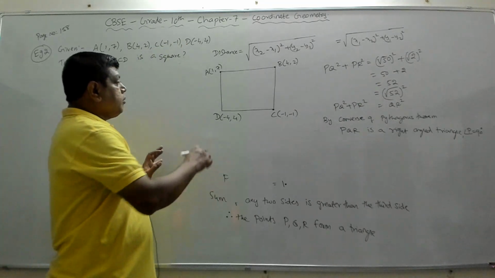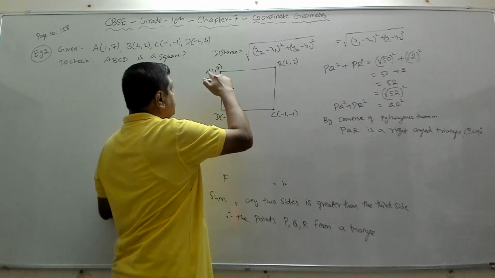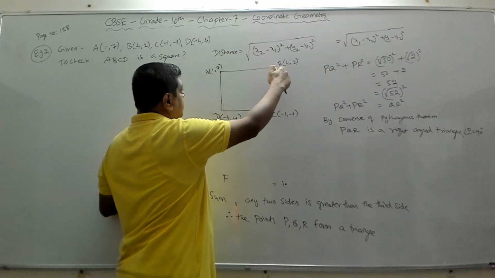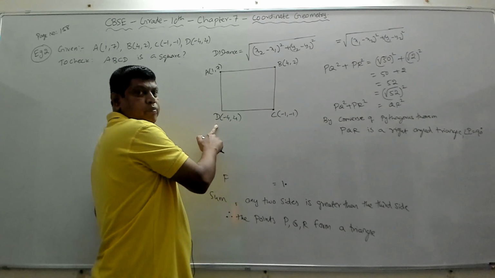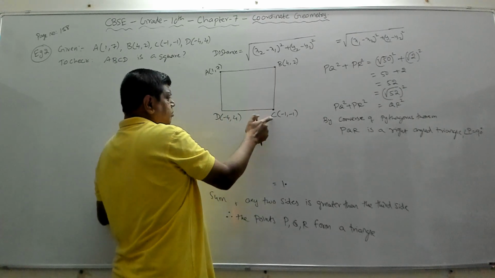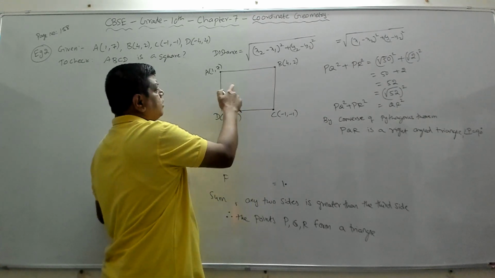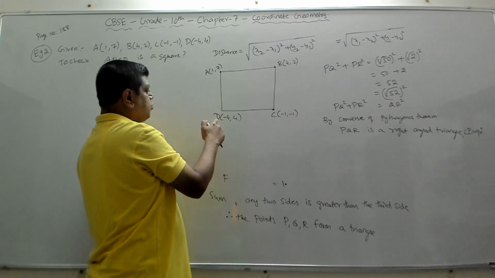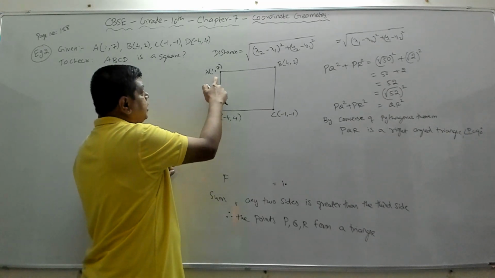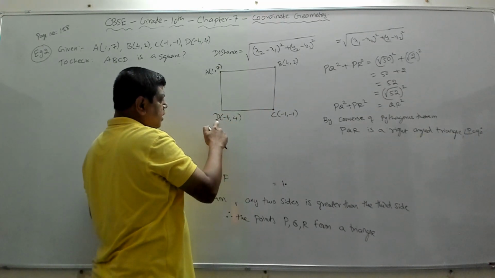And then you plot them and always write it in a cyclic form, which means after A, you can write B here, C here and D here. Don't write A, B, then don't write C here. Your C should be adjacent to B. It cannot be opposite to B. So you can write it as A, B. You can choose anything as A. If you choose this as A, then A, B, C, D, or you can say if this is A, you can go this way also.